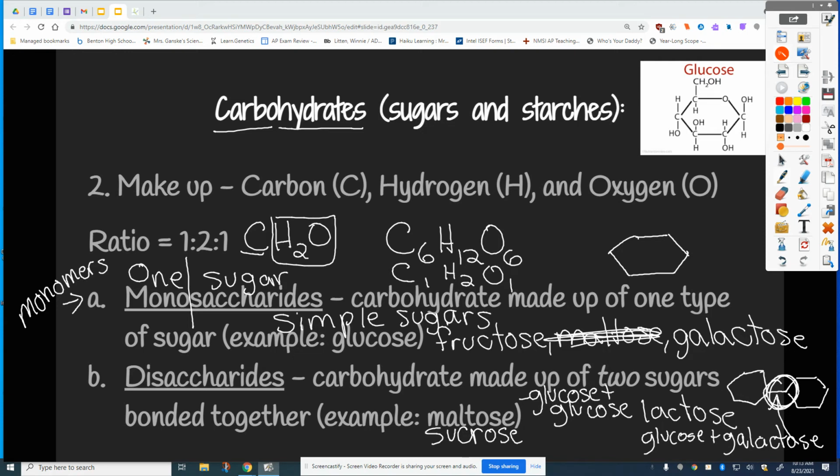And sucrose, does anybody know what sucrose is? How many of you have ever used sucrose before? Anybody ever use the white granulated sugar, like to bake, or you put it in your cereal, or you put it in your coffee? Buy it like in 10-pound bags? That's sucrose. Where do we get that sucrose from?